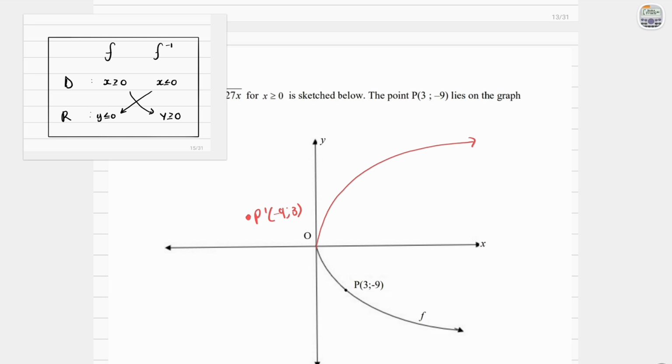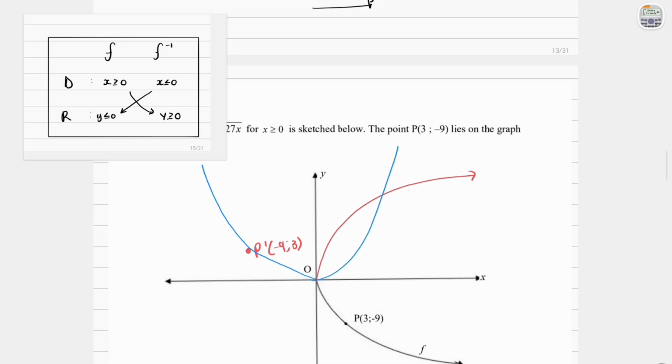It's going to do exactly the same thing, but with the y-axis here instead. So here, it's concave up towards the positive part of the x-axis. Here, it will be concave up towards the positive part of the y-axis. So it ends up looking like this. The other wing would look like that.